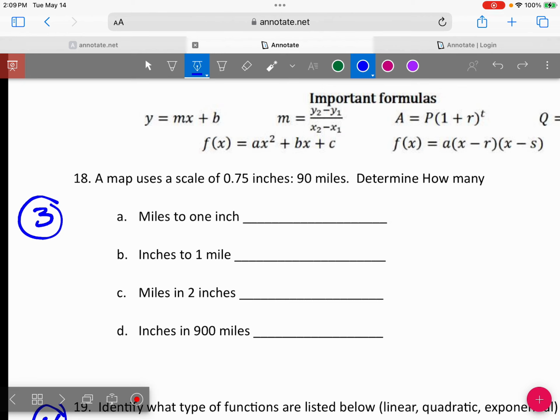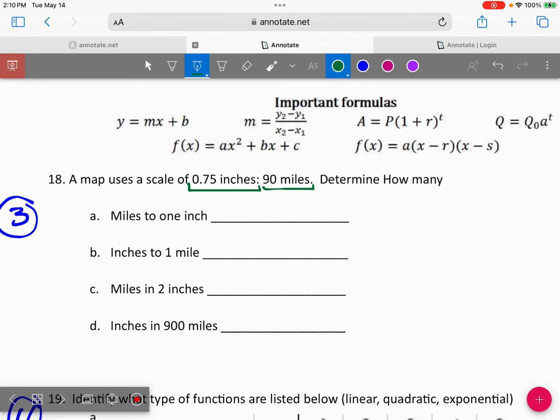It's a scale question. So it's very similar to when we had the patio. But this time we have 0.75 inches. So 3/4 of an inch represents 90 miles, like on a map. So how many miles does 1 inch represent?